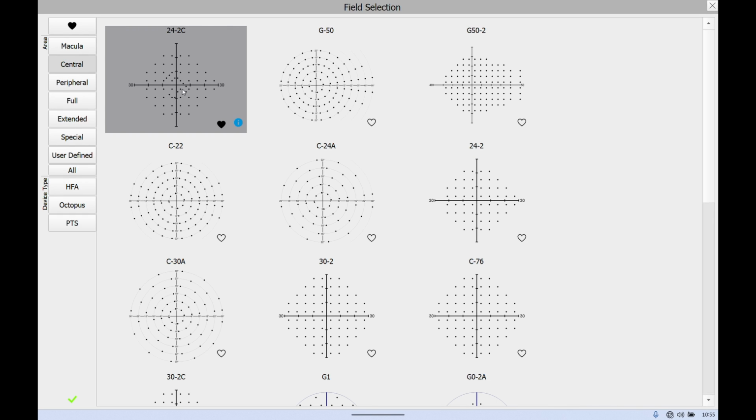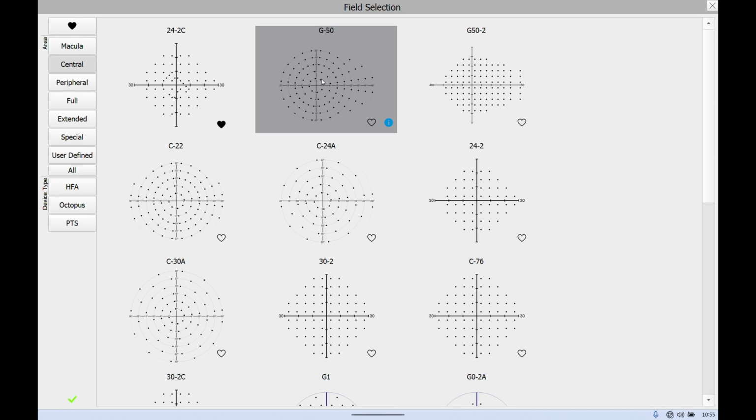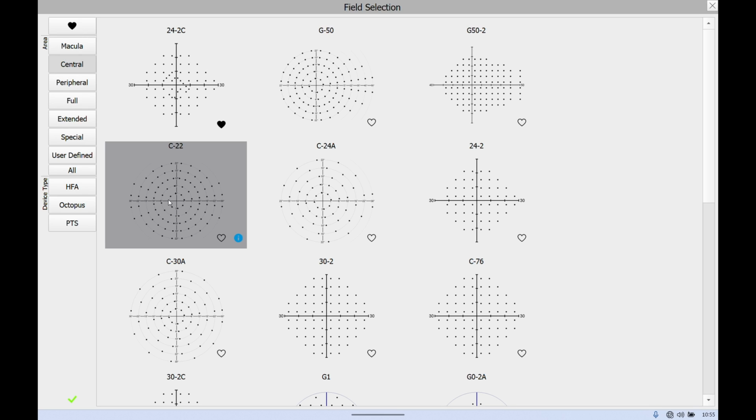So let's look at the 24-2C. So this is a classic 24-2, but here we have 10 additional points within the macula, which makes it more accurate for the changes. Next we have G50 orthogonal test and radial. These are basically nasally extended tests so that it's much easier to detect changes like the nasal step. Next we have C22.